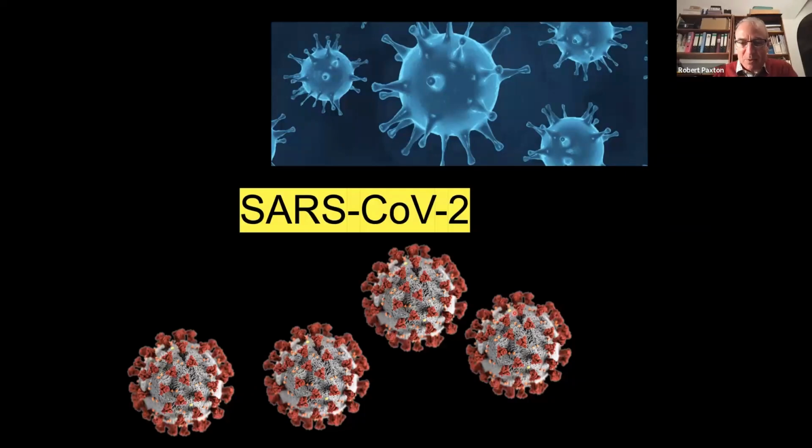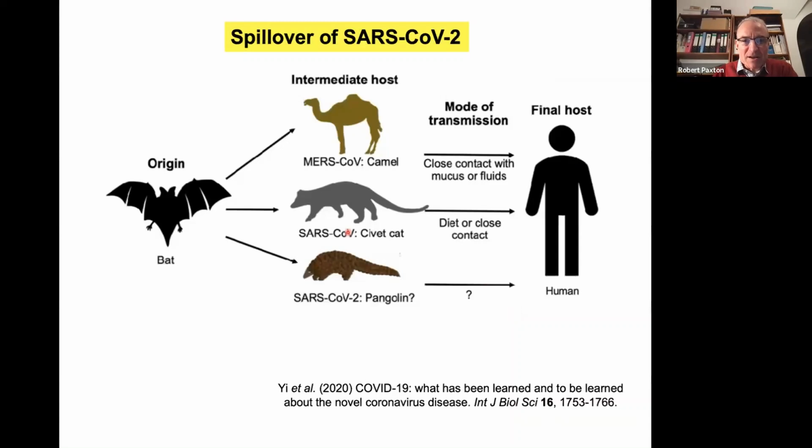We understand how important pathogen spillover can be for the host, or in this case, for us humans. In the case of SARS-CoV-2, in this lower example, probably the virus originated in a bat, and probably went through an intermediate host, for example the pangolin, maybe another intermediate host, before entering the human population.